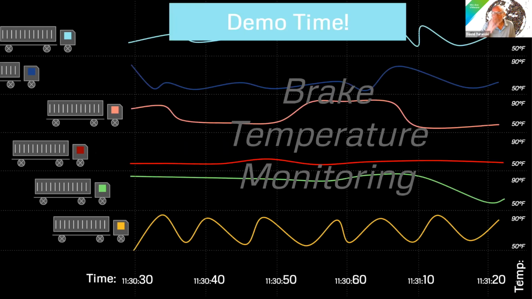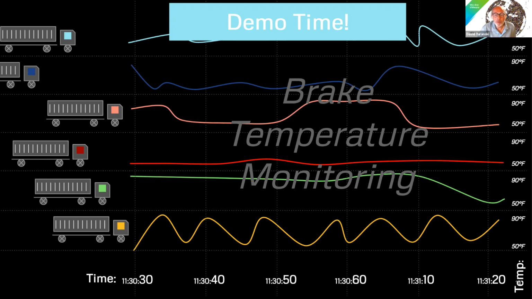The demo is actually an IoT type of simple example where we would have a fleet of trucks and we're monitoring sensor data. We're capturing the sensor data through a source, and we're looking at various metrics such as internal temperatures, external temperatures, and brake temperature.